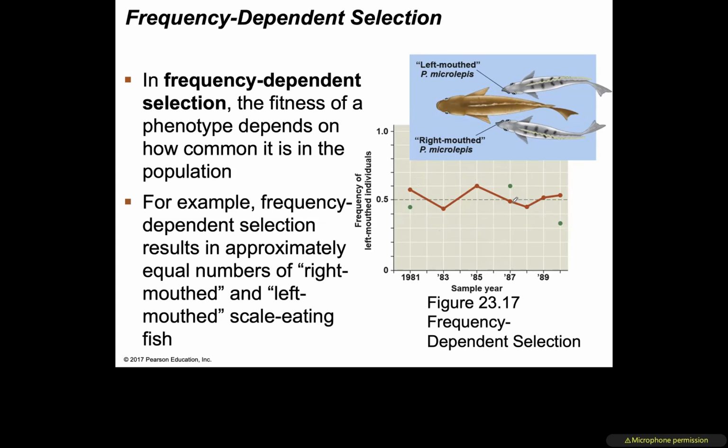This one was kind of 50-50 too. So you are going to see that frequency alternating, and it's going to continue to do that until there's an obvious advantage of being one or the other. At the point there's an obvious advantage, that's when you're going to see a change.